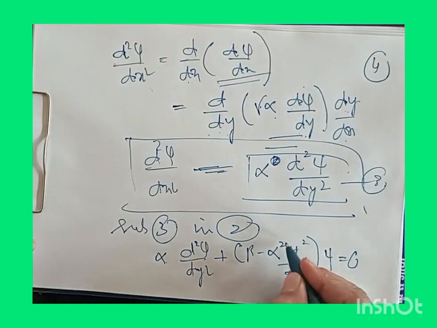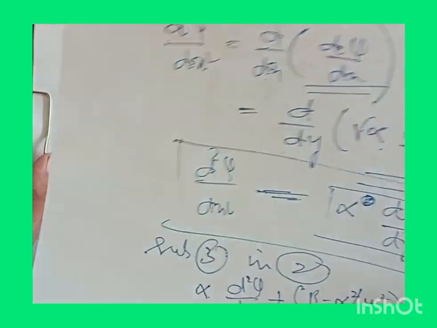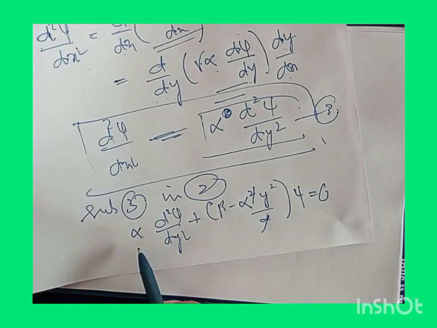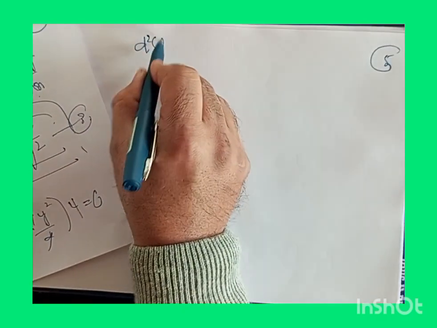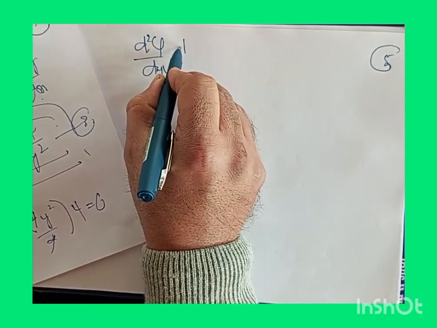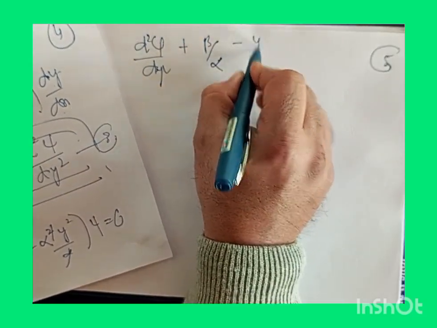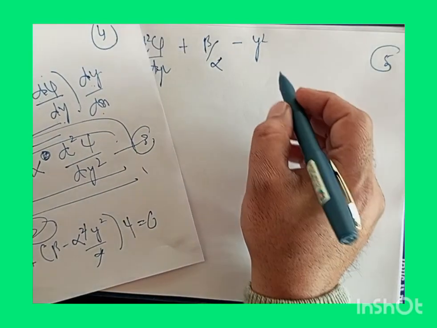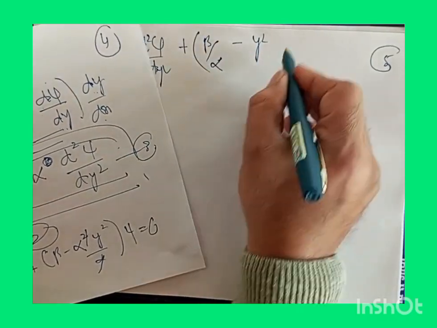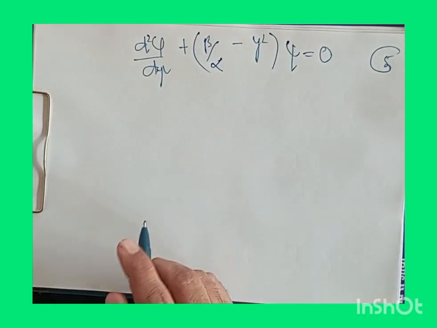So this alpha square is going to cancel, and I would like to bring this alpha down, and what I will find is d2 psi by dy2 plus beta by alpha minus y square, this alpha will go with this alpha, times psi equals 0. This should be the case.